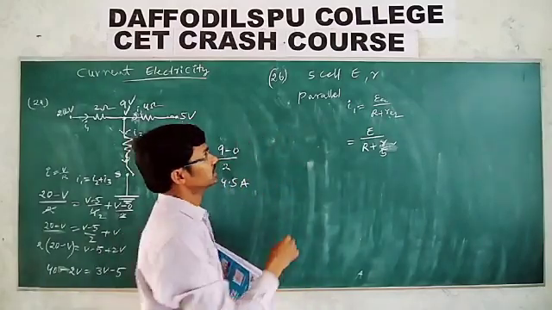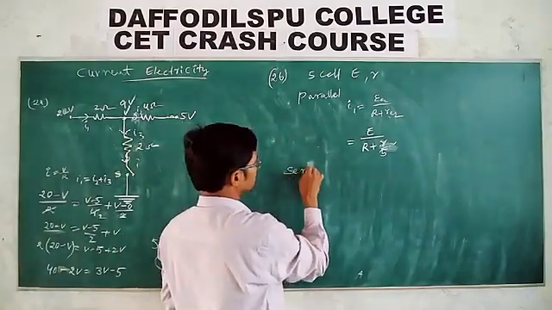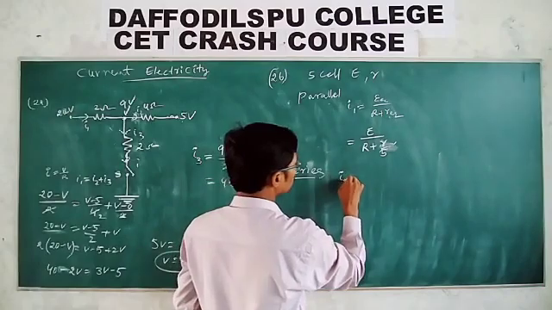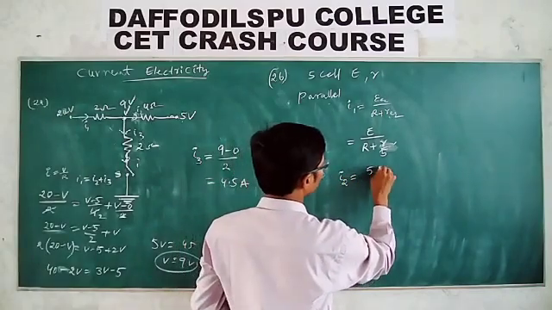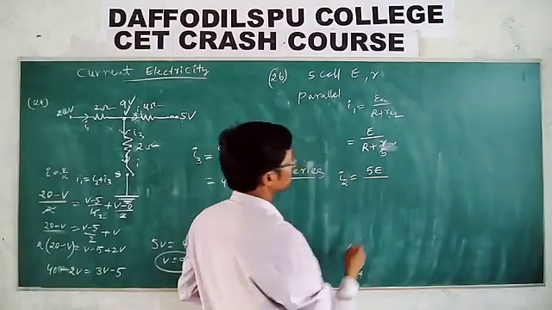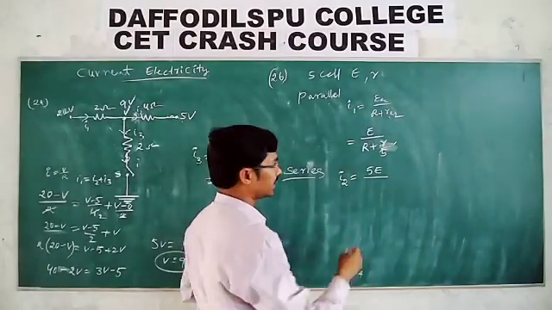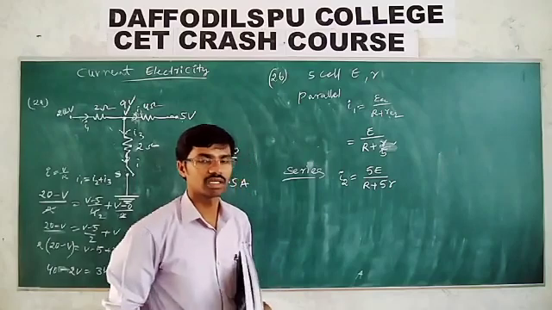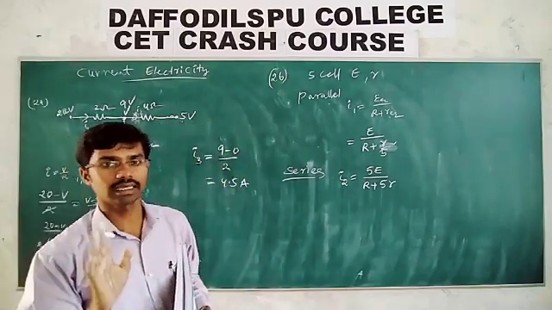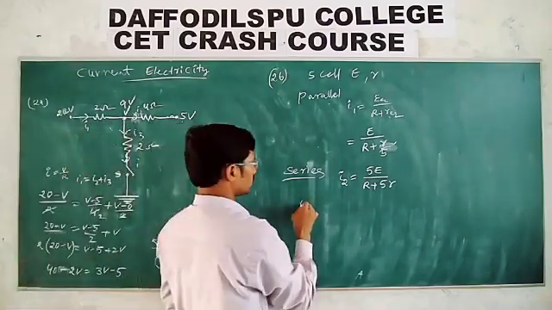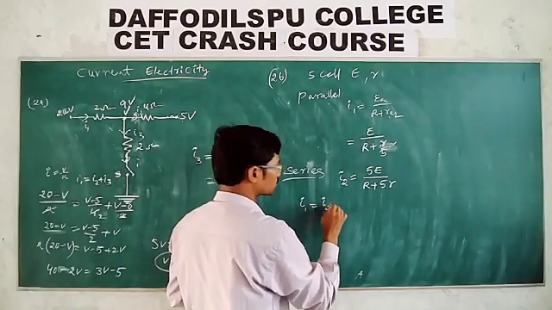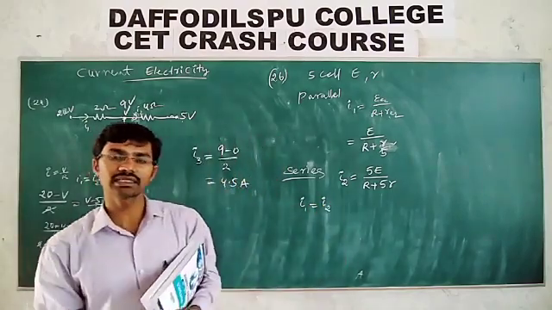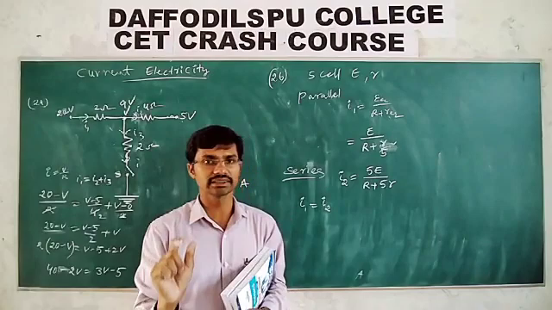Similarly, in series, I2 is equal to 5E by R plus 5r, because the equivalent EMF will be added. They asked to find the ratio of capital R and small r. But I1 and I2 are equal, since they said whether they connect in series or parallel, the current flowing remains the same.